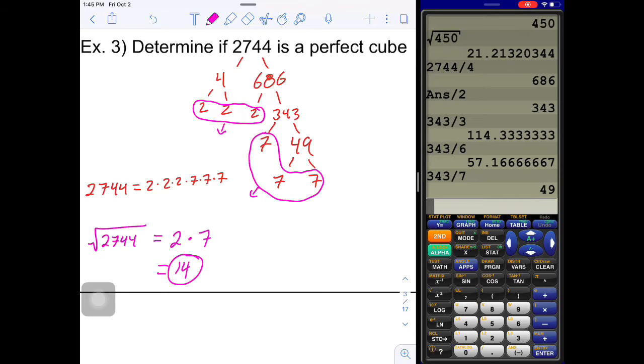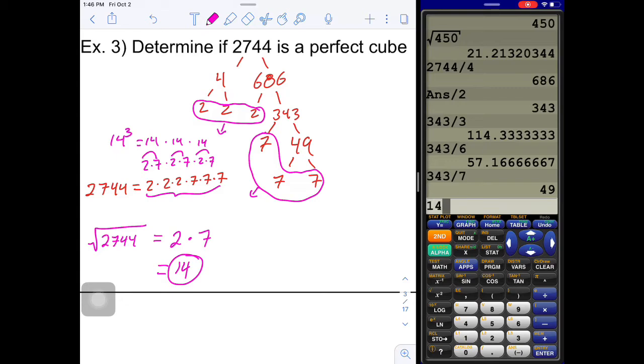Okay, and remember, that's because we can group this up and do 2 times 7 times 2 times 7 times 2 times 7. And that's going to give us 14 here, 14 here, 14 here, and here is 14 times 14 times 14, which is 14 cubed.